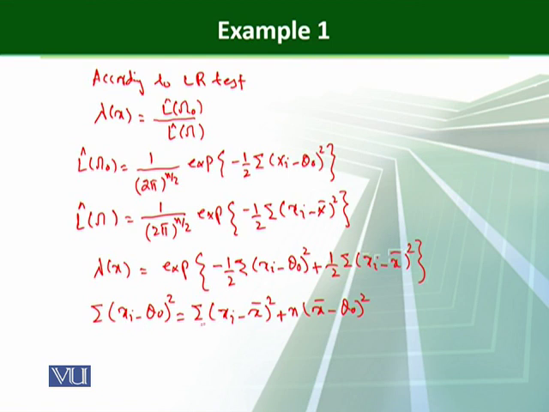When we put this result into this equation, after simplification we find that lambda of x is equal to exponential of minus n times x bar minus theta naught squared over 2. So this term will cancel out with this one, and we have this result.